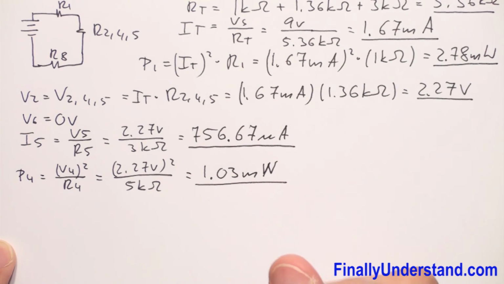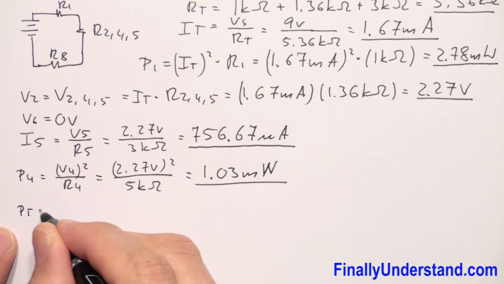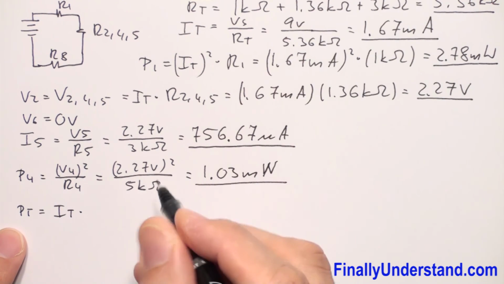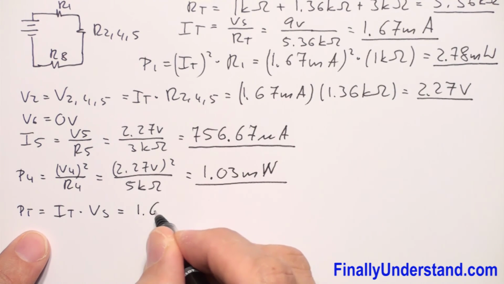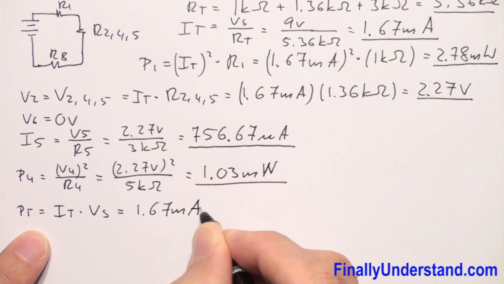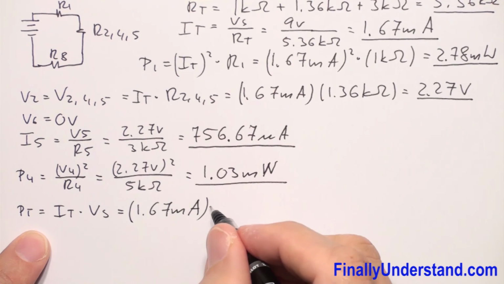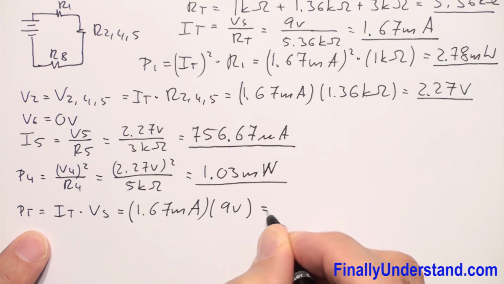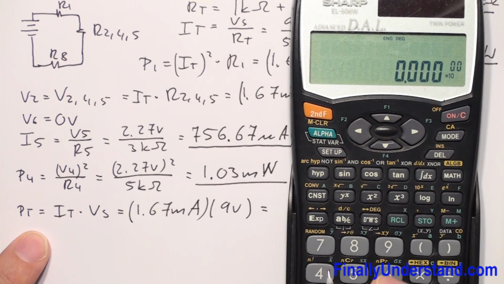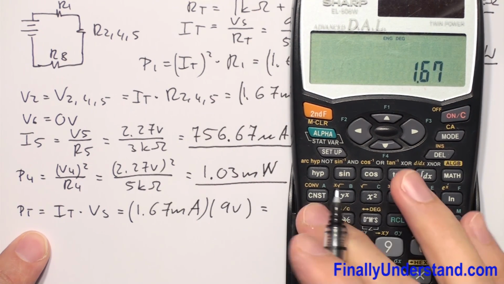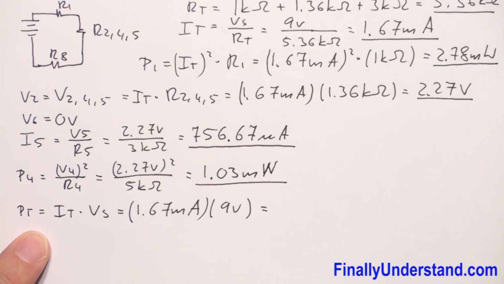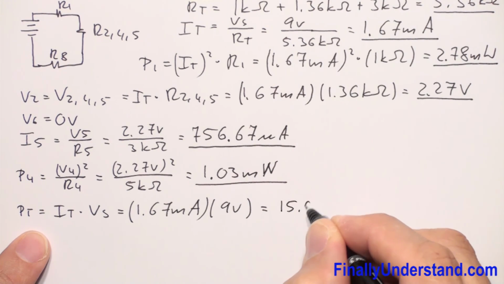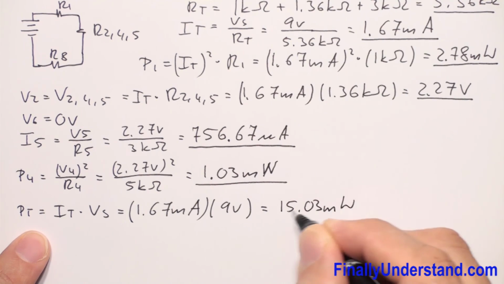Next, I'm supposed to find P total. P total is equal to I total times the voltage source. I total is 1.67 milliamps times the voltage source, which is 9 volts. This is 1.67×10⁻³ times 9, which is equal to 15.03 milliwatts.